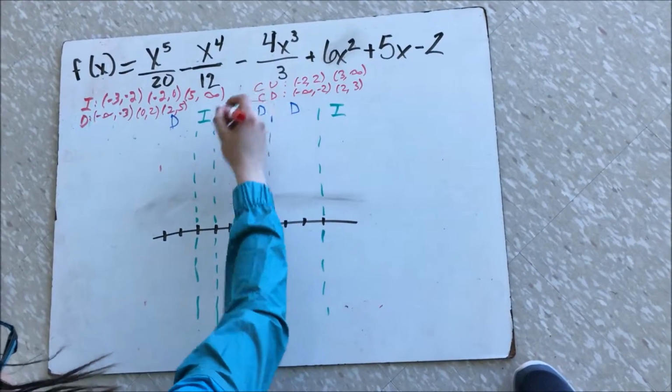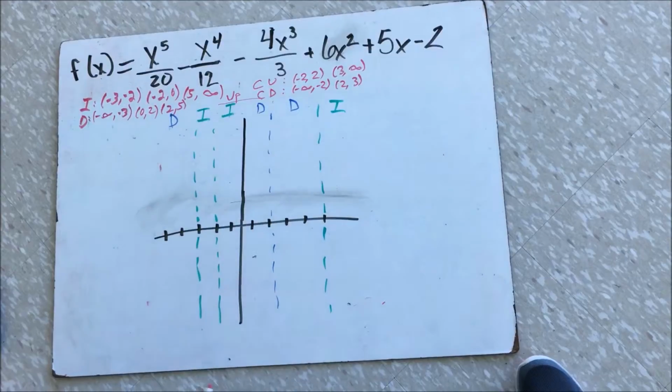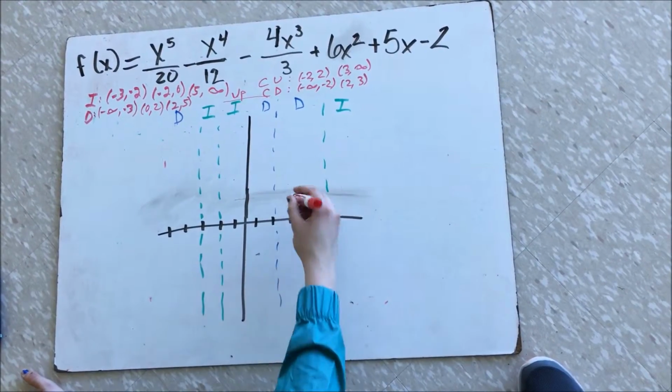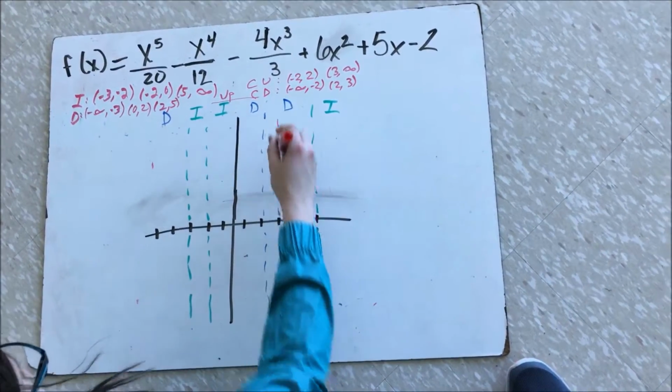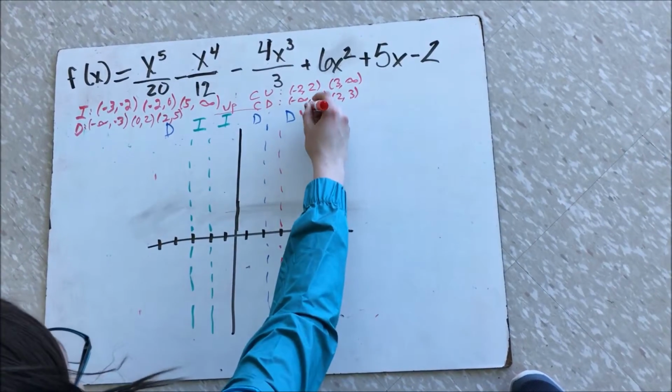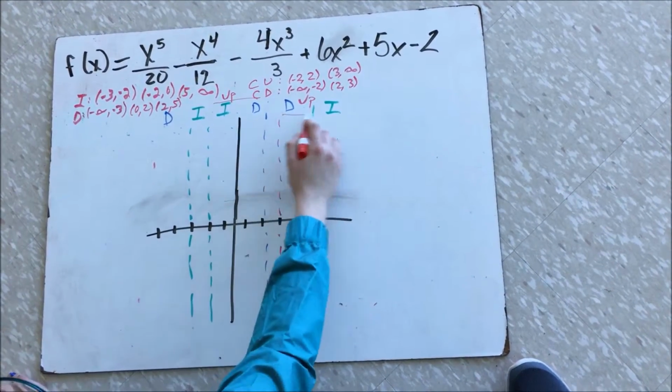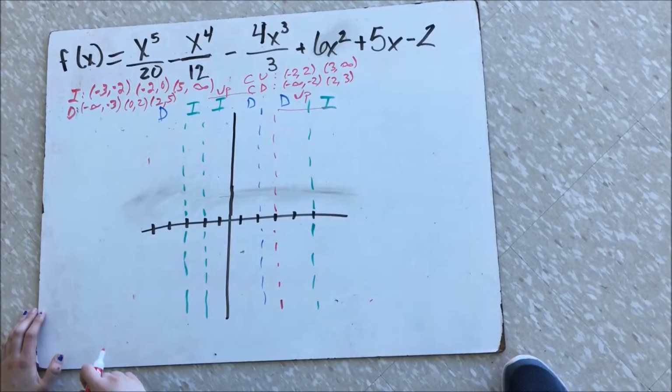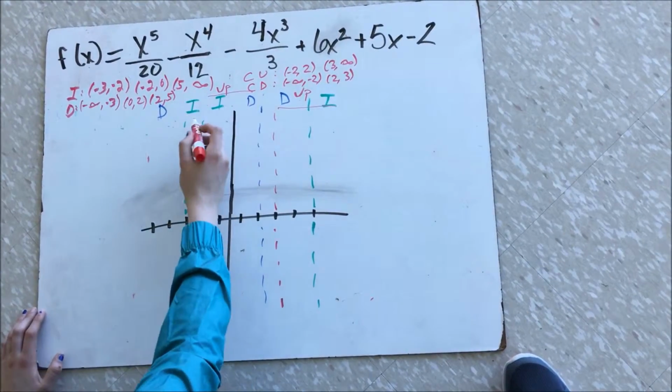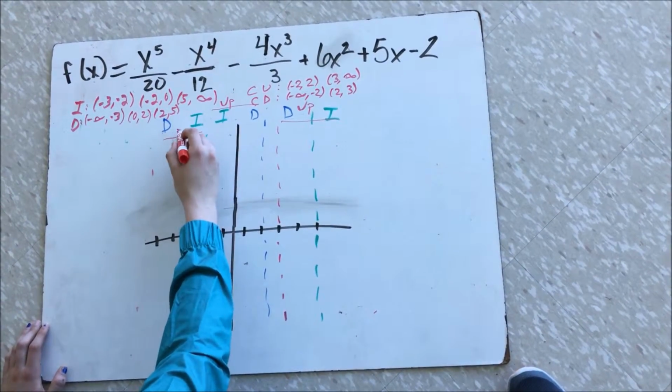Also marking where it's concave up. And then I'm marking where it's concave down.